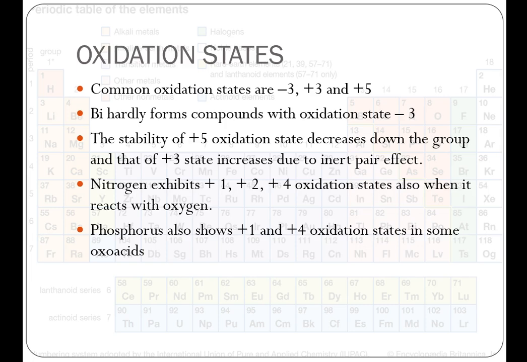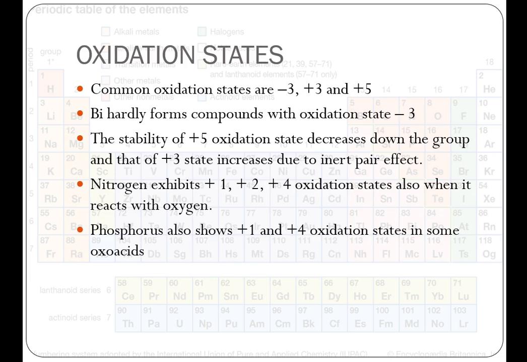Oxidation states. Common oxidation states of these elements are -3, +3 and +5. The tendency to exhibit -3 oxidation state decreases down the group due to the increase in size and metallic character.